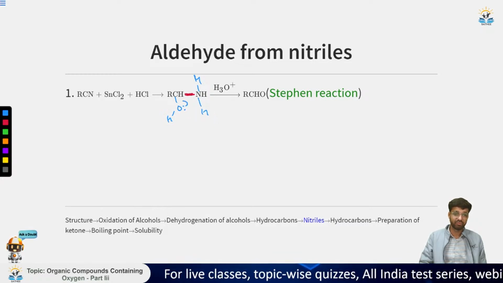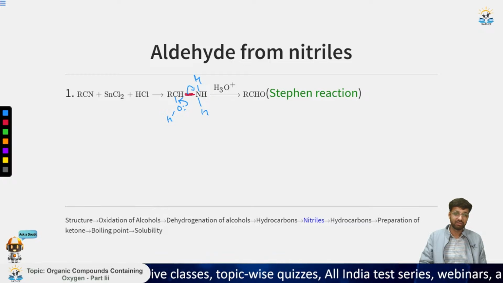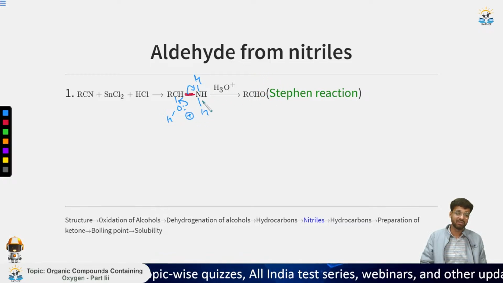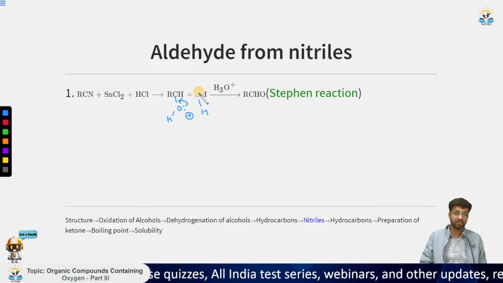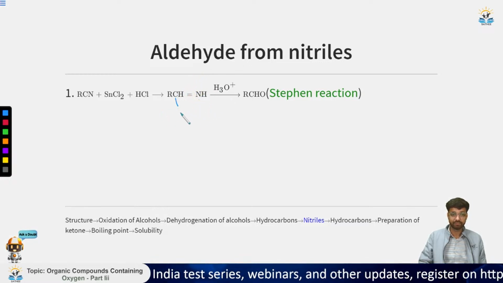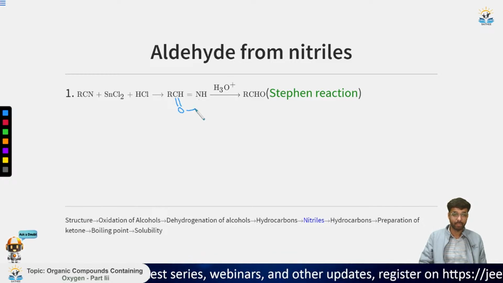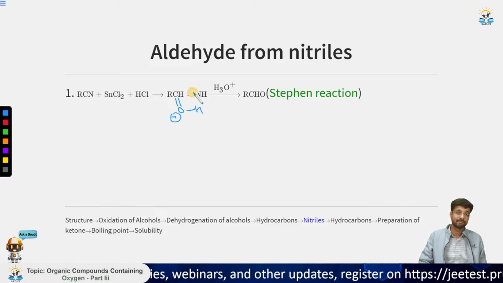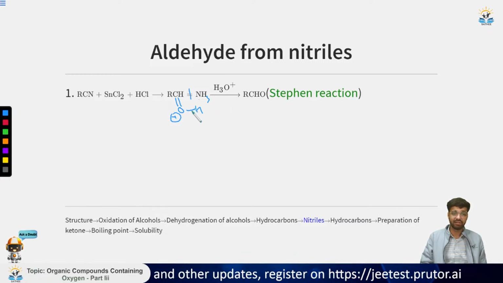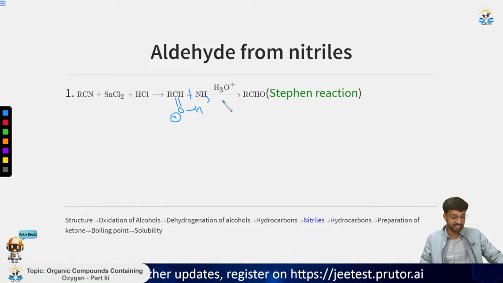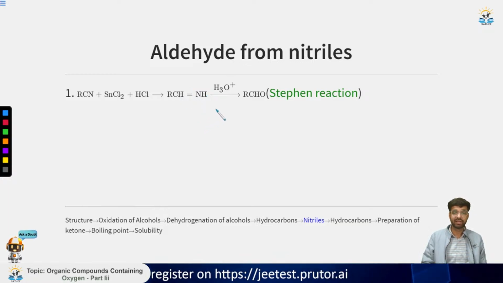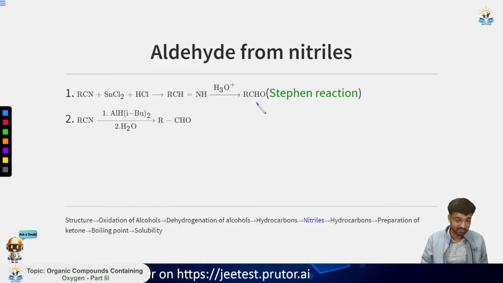Now this lone pair moves like this, and this will leave and give us NH3. Further it will have a positive charge, which will be again given by this RCHO kind of thing. This will leave as NH3. Now since it is an acid catalyzed reaction, we will get back this H plus. So this is the overall mechanism for the Stephen reaction.